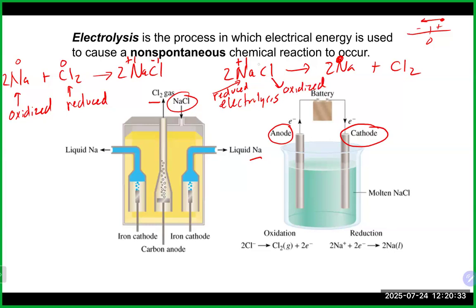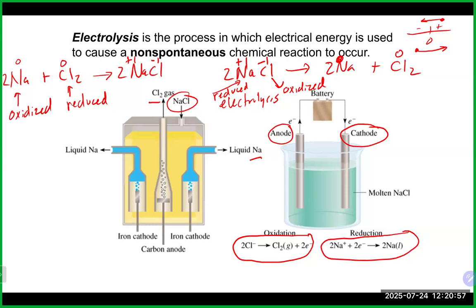And again, that's because the chlorine here is -1 to 0 in the reverse process. So it's going from -1 to 0, moving in the positive direction. So at our anode in our electrolysis cell, it is the chloride being oxidized and our sodium being reduced.